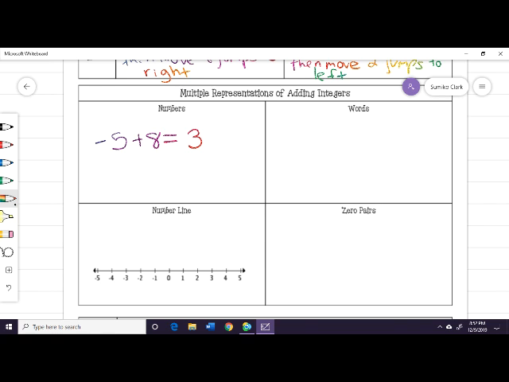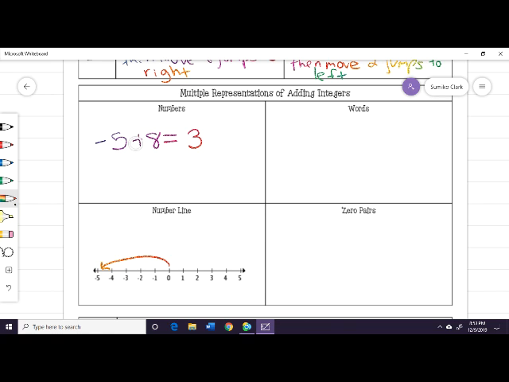So let's look at that on the number line. We start at 0 and we go down negative 5. 1, 2, 3, 4, 5. We can draw an arrow there to help us remember where we are. So we went 5 in the negative direction, which is left.